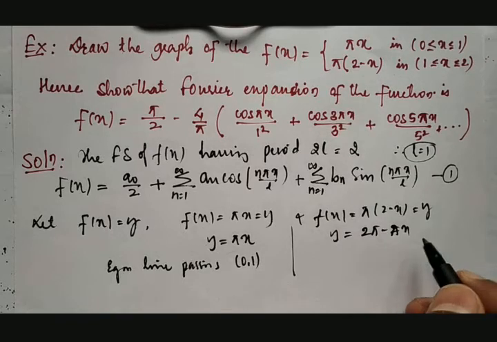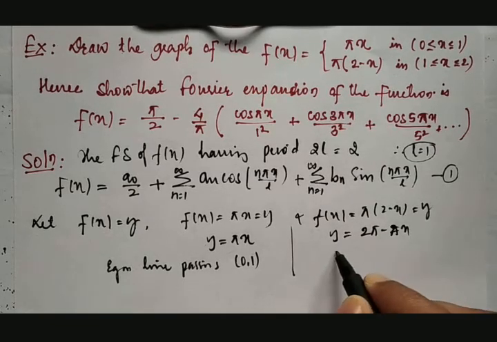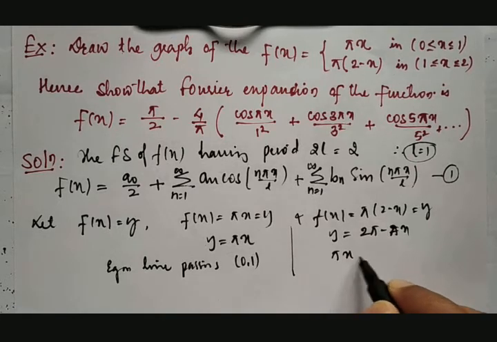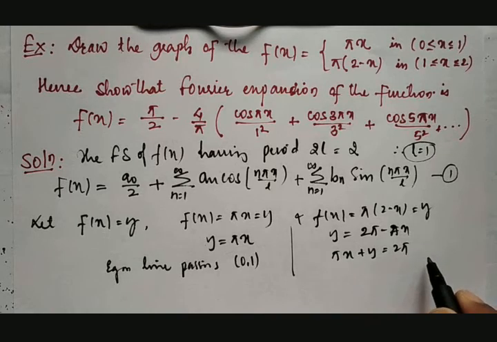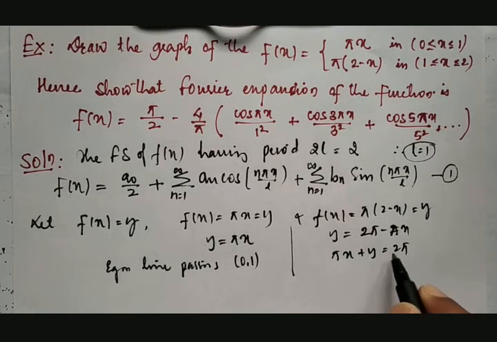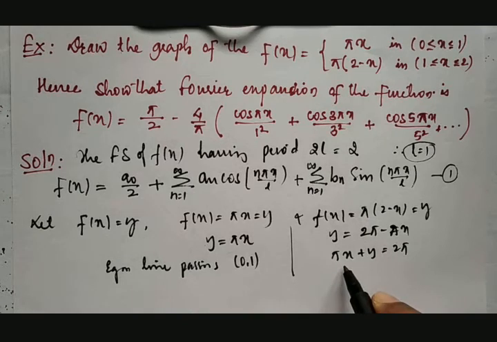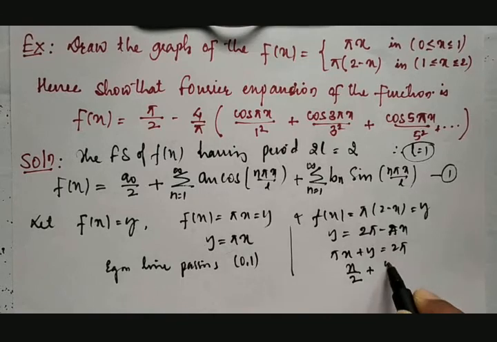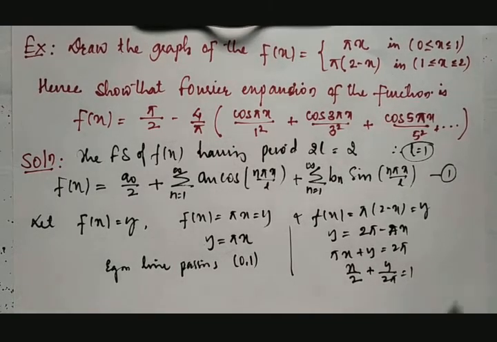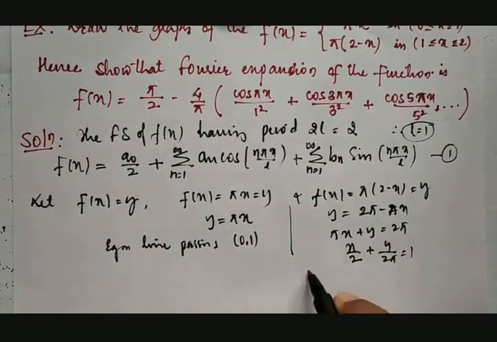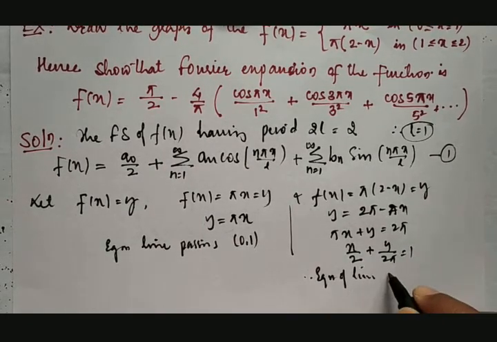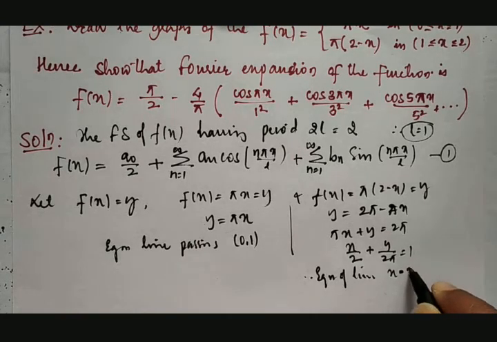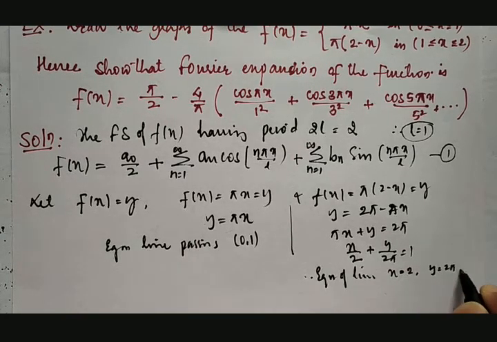Therefore, pi x plus y is equal to 2 pi, or if the whole equation is divided by 2 pi, it becomes x divided by 2 plus y divided by 2 pi equal to 1. This is the equation of a straight line which intercepts x at 2 and y at 2 pi.